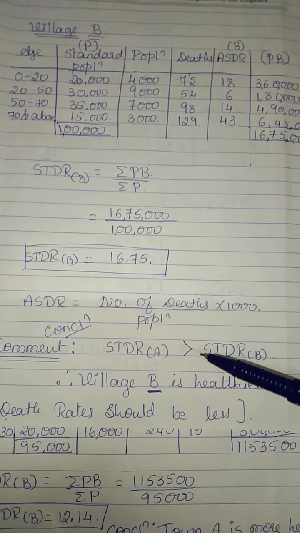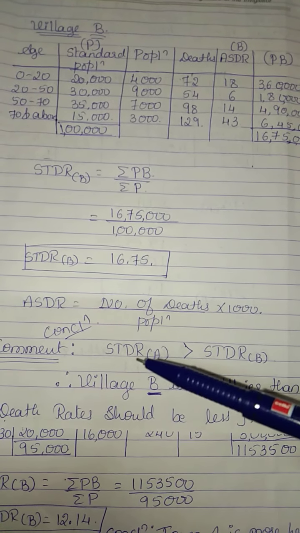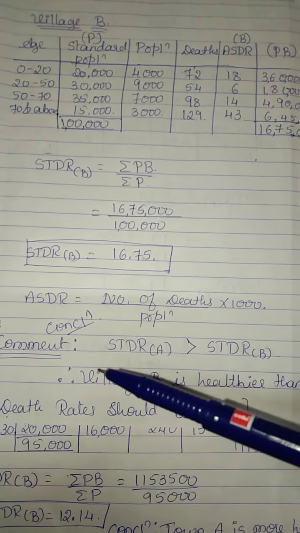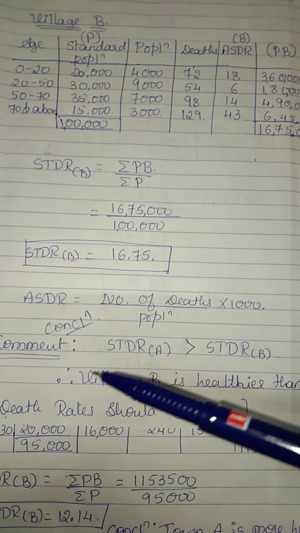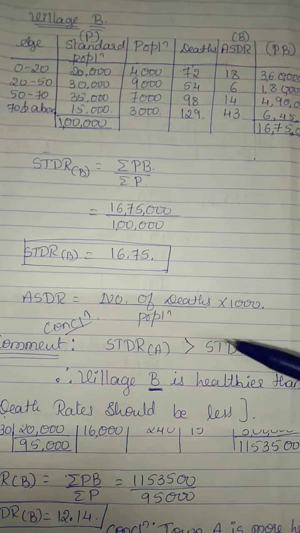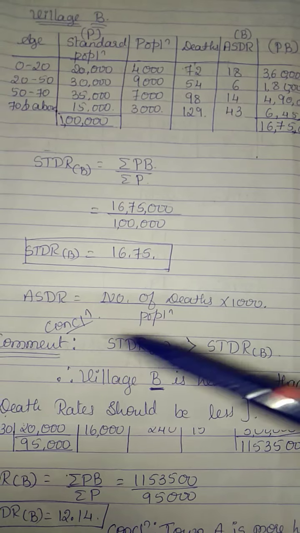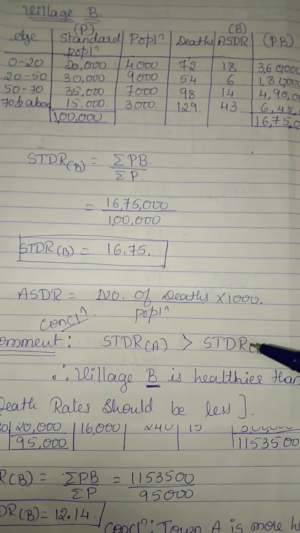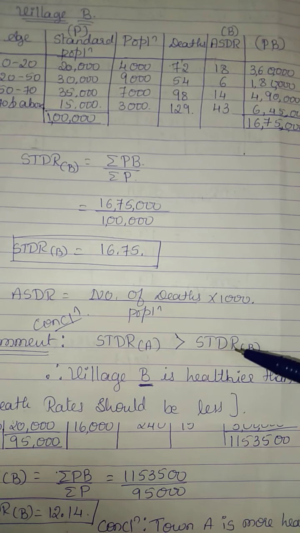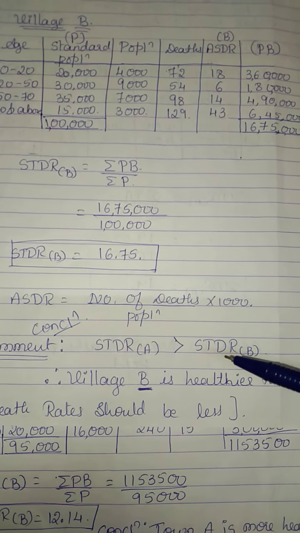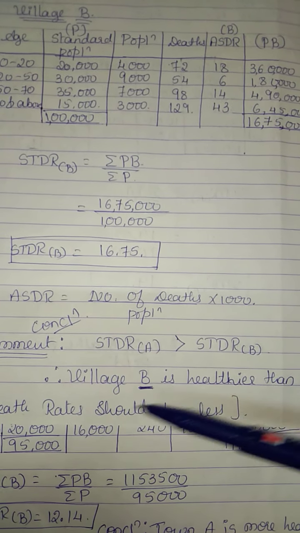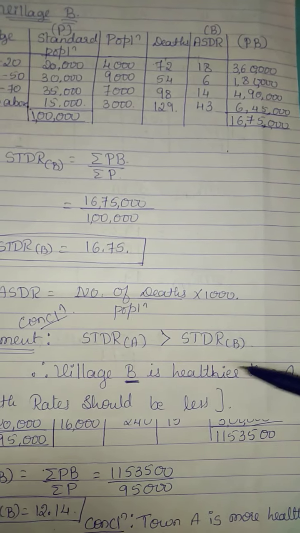For total fertility rate we considered that the one with the greater value is healthier, but here it is opposite. There it was birth rate and here it is death rate. So death rate is less for village B, therefore village B is healthier than A.